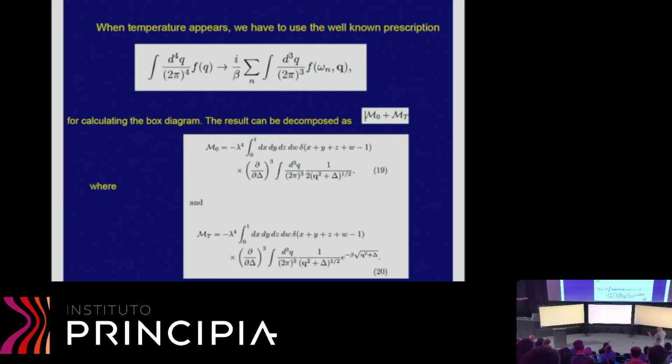The result can be decomposed in this way after playing with Feynman tricks. This is a pretty long calculation. It sounds very trivial, but it's not trivial at all. It can be decomposed as a zero temperature contribution plus a finite temperature contribution. These are the expressions. Here you have temperature. And now you have to play with the Feynman variables.